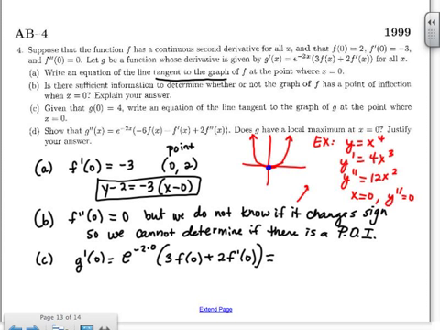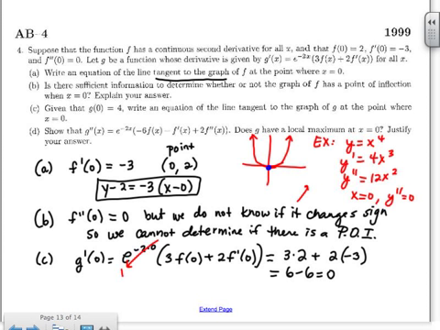So that's e to the 0, which is 1. So this all is 1. It doesn't matter. Okay, so now I have 3 times f of 0. So that's 3 times 2, plus 2 times f prime of 0, which is negative 3. So I get 6 minus 6, so I get 0. This means that I have a horizontal line for my line tangent to the graph of g.